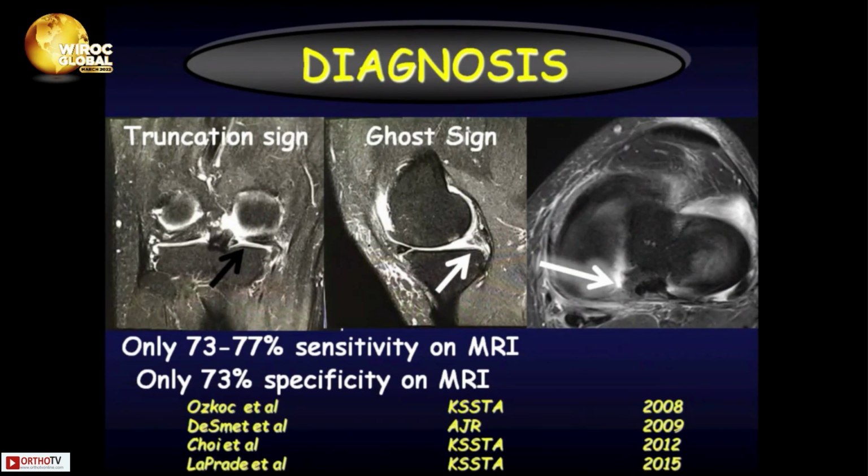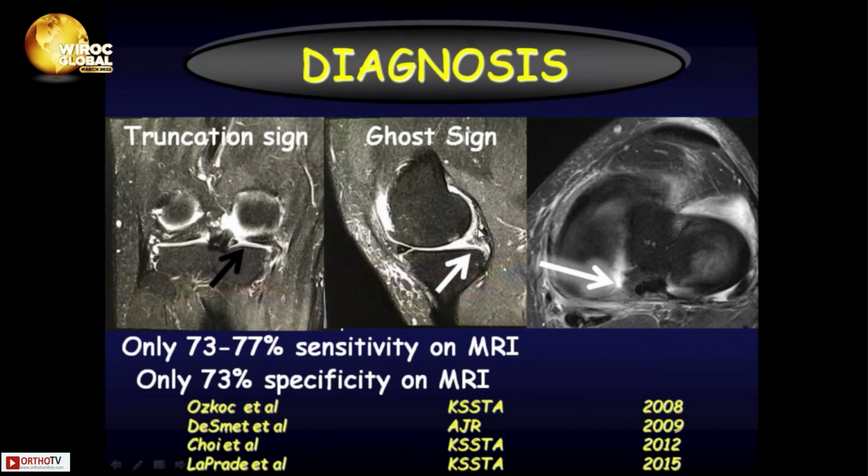Some years ago, the sensitivity and specificity of the MRI was not so clear, but if we combine the axial views, the coronal views, and the sagittal views, we will find three signs. First, the truncation sign: there's a gap between the body of the meniscus and the root tear in the axial view.